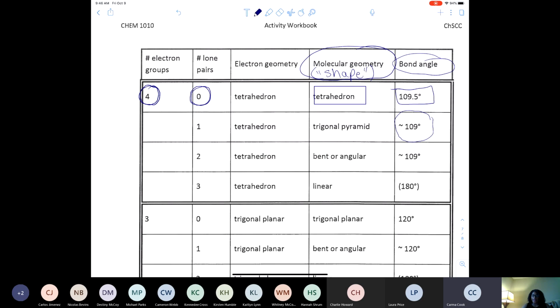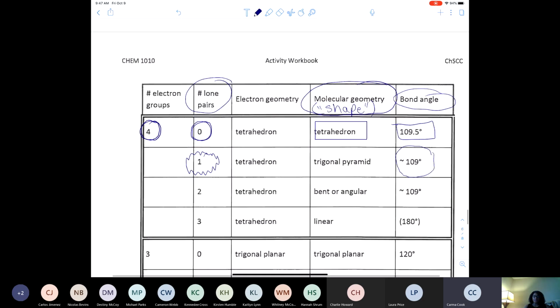In order for the bond angle to be 109, 1 of those 4 electron groups has to be a lone pair. And that's not the case for methane. So methane's bond angle is 109.5 degrees.